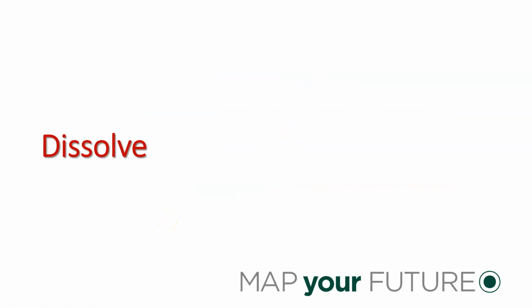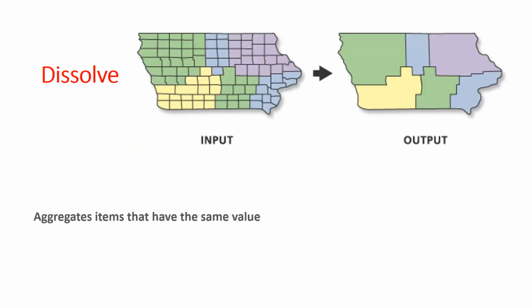And dissolve is another simple operation, and dissolve allows you to generalize a data set based on a specific attribute. So in dissolve, again, just like in buffer, we only deal with one data set. Unlike clip, where you have two data sets, input data set and the clip data set, in dissolve, we deal with one data set.